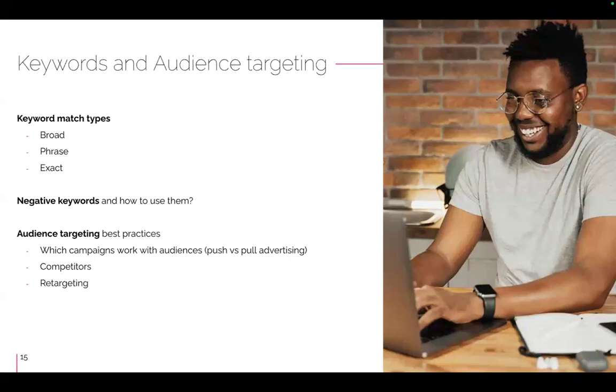I will give an example, because it's always easier to understand through an example. A broad match keyword. I will be searching in Google for dog toys. I want to buy a toy for my dog.